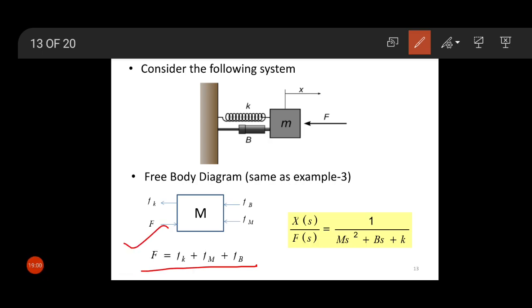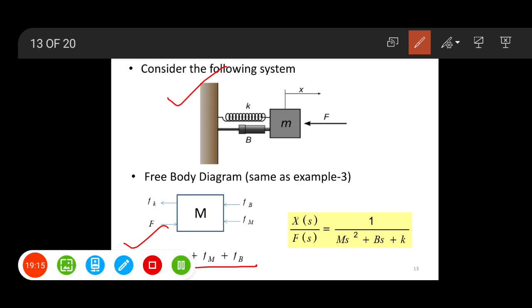This equation represents the dynamics of this mechanical translational system, and is called the mathematical model of the system.